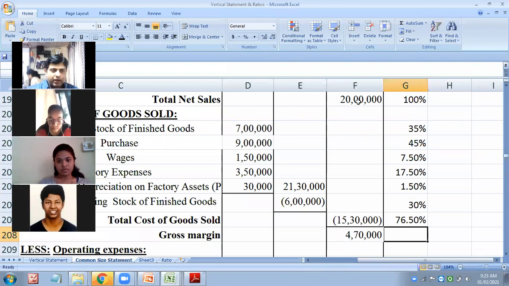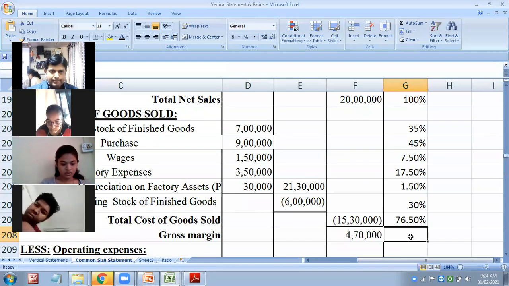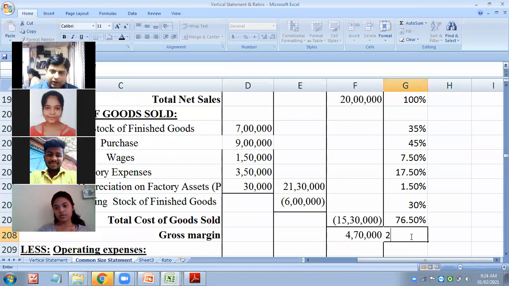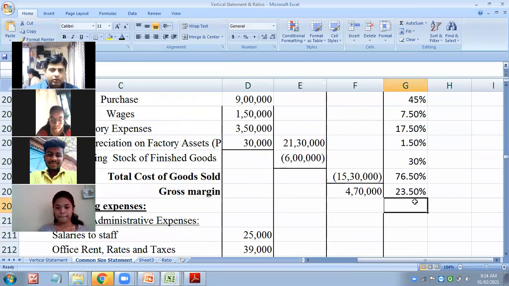4,70,000 divided by 20 lakhs into 100. I think if I'm not wrong, it will be 23.5%. Yes, absolutely right. Okay.